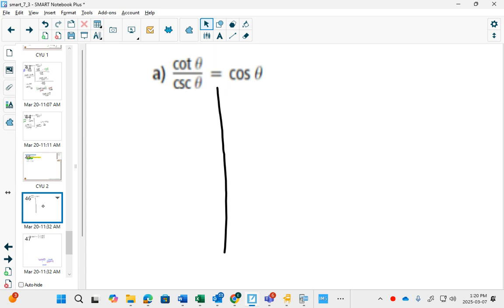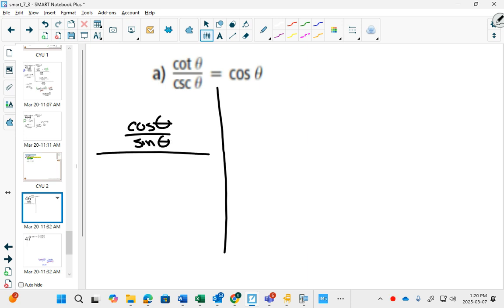If I did that, that tells me I should change my cotangent to cos theta over sine theta. Make a big, thicker line, because this is my main fraction line here, right? And then cosecant is 1 over sine theta. And cos theta is already cos theta. No problem. Next, a fraction divided by a fraction.